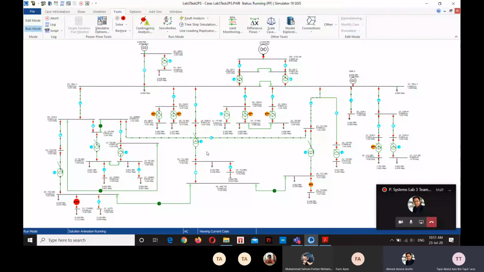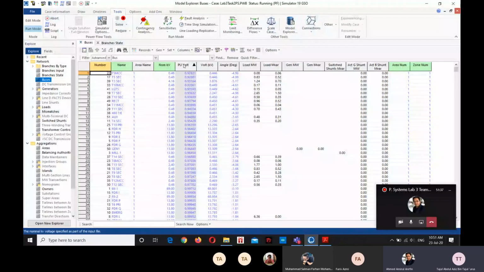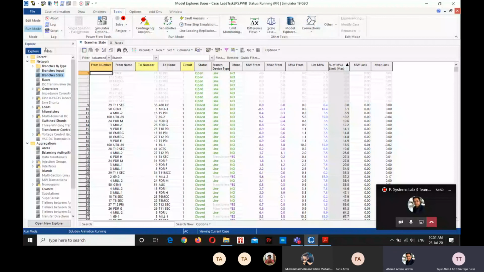So for the second one, first open the model explorer. So the second bus is 17. Yes, 17. Okay, just open it.